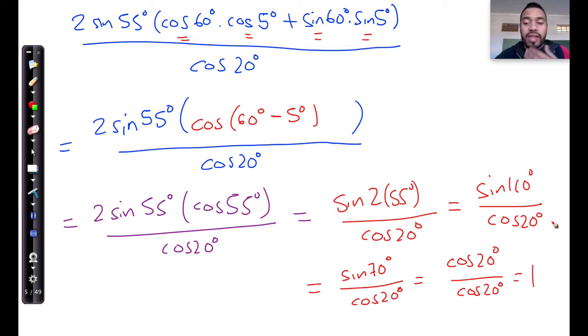There's another way we could have changed sine 110 into cos of 20. The alternative is to say sine 110 degrees is equal to sine of 90 plus 20 degrees. When you have 90 plus theta, that's defined as a co-ratio. Since this is in the second quadrant, the sign is going to be positive.